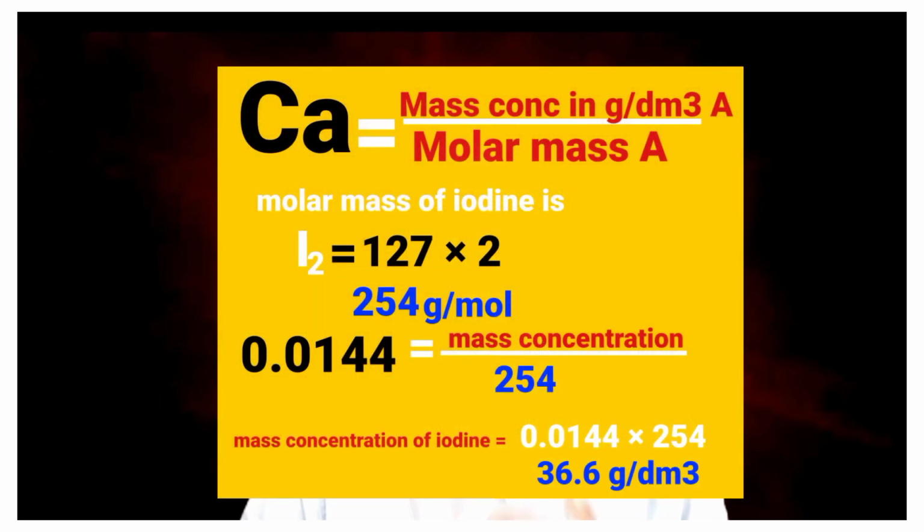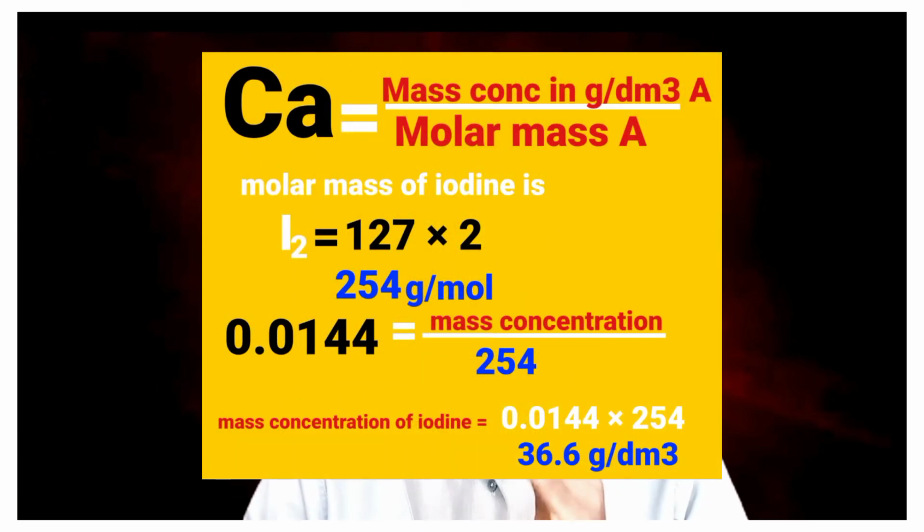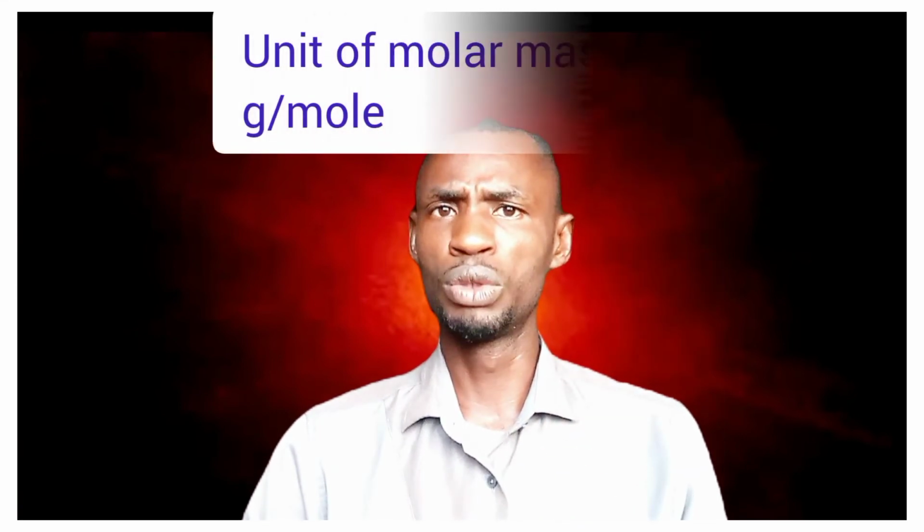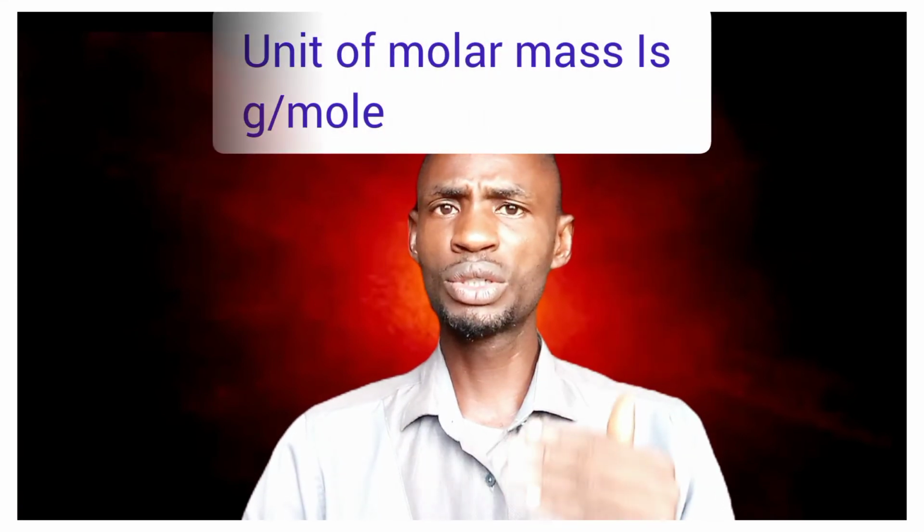Then we multiply it by 2, and we get 254. The unit of molar mass is gram per mole. Please take note. If you are not putting the correct unit, that one will not score. Calculation of molar mass will also earn you 1 mark.